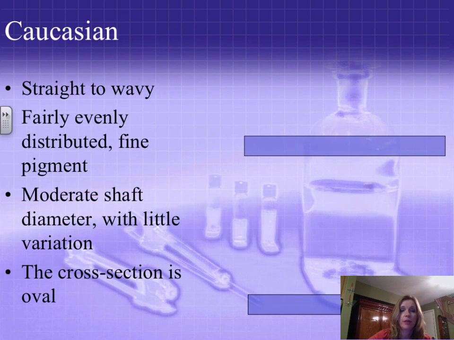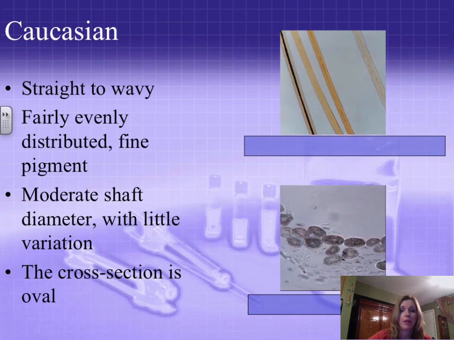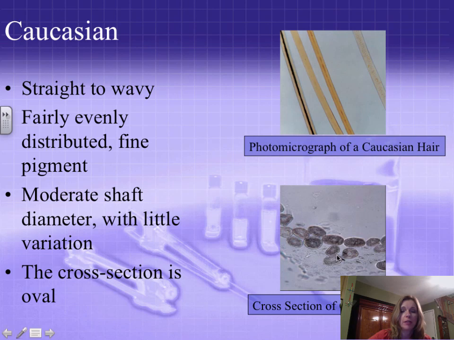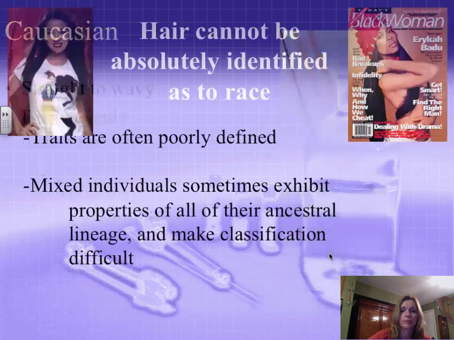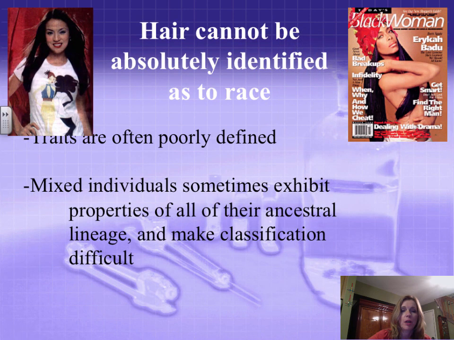Caucasian hair can be straight or wavy, evenly distributed, with fine pigment, and the diameter of the shaft is moderate, and the cross-section of the hair tends to be more oval. So the problem with identifying hair as to race is that not a lot of people are just one race.